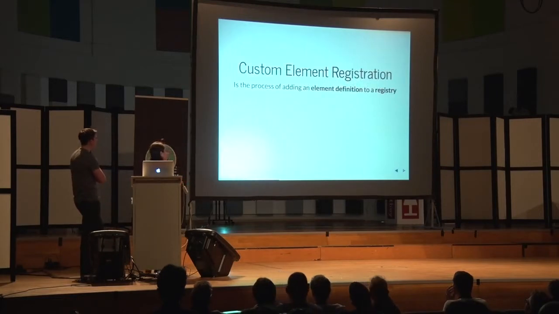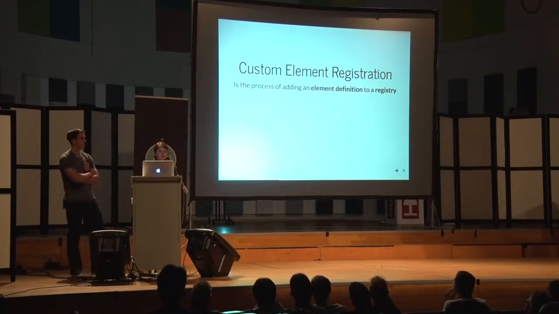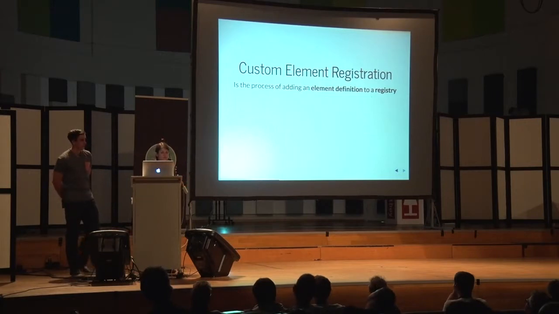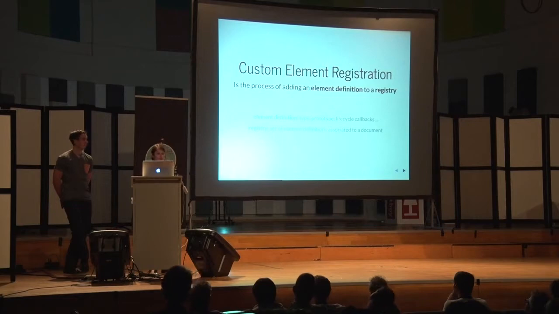So let's have a look at custom element registration. Registering a custom element means that you're going to add the element definition to a registry. So let's explain a little bit about that. The element definition is comprised of a few key parts. One of them would be the type of the element that you're creating.